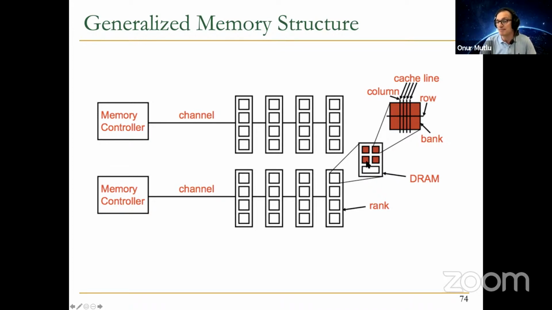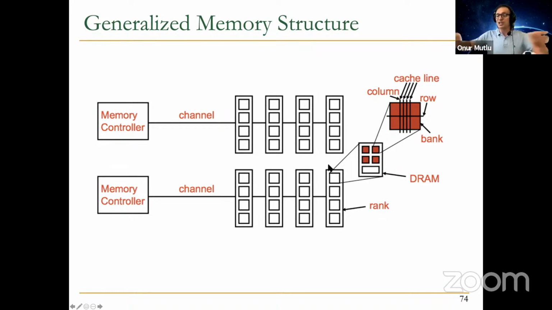And a single DRAM chip may have 4 banks, as you can see over here. And a DRAM module may have 4 ranks. I'm not going to go into the details of ranks right now, but you're going to see a picture of it later on. The goal is to minimize the cost as much as possible while not destroying the latencies, let's say. As a result, the DRAM chip is small.